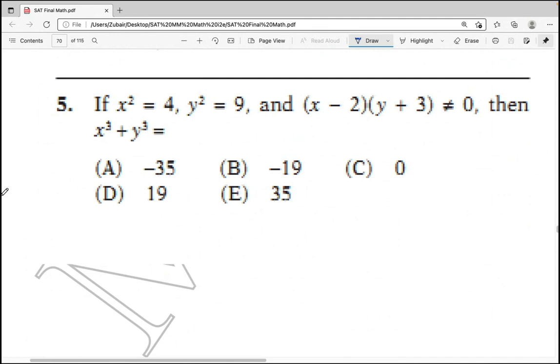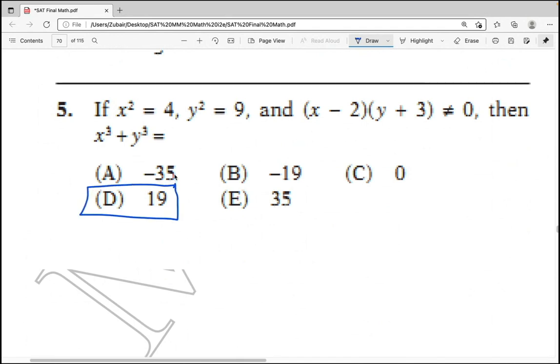And wait, if x squared is equal to 4 and then y squared is... oh wait. Can't be minus 3. So is it 19? It is 19. Okay.